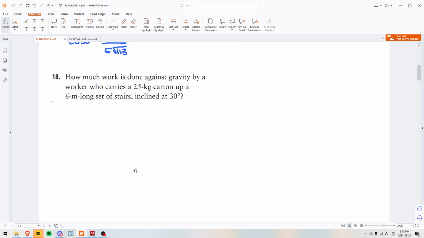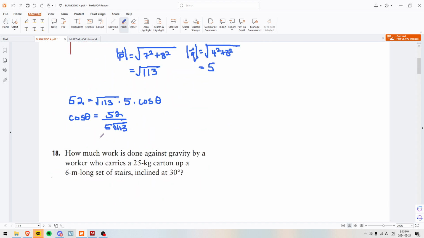No need to rationalize. We are still in the midst of a calculation. Divided by 5, divided by root 113, we've got 0.978349. Keeping that exactly as is, I'm going to take the inverse cosine, giving me approximately 11.94, approximately 12 degrees. I think the textbook does say 11.9, so we'll leave it at that.